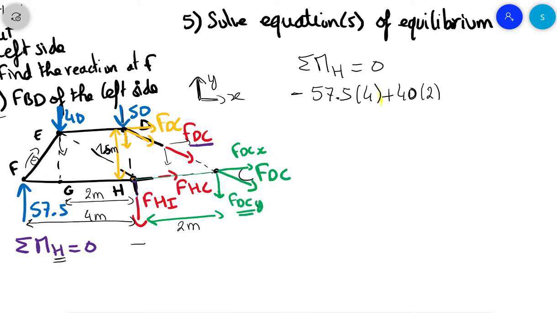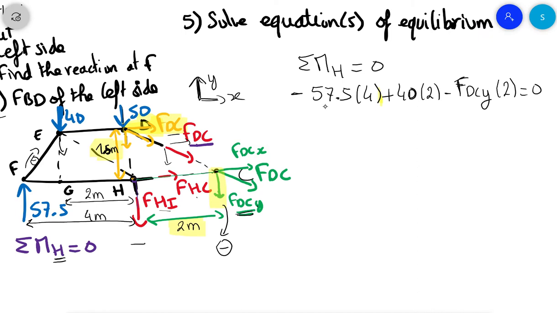The 50 is going through H, the FHY is going through H, the FHC is going through H. Now we need to pick FDC. Either we use this one with this one, or this one horizontal with this one. That will give us the exact same answer. Let's use this one. It's going in the negative direction, so minus FDC on Y, the Y component, times 2 is equal to 0.